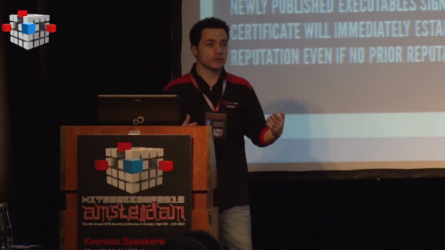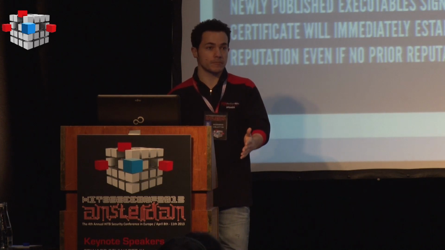So, from a technical point of view, you can use a trusted certificate to sign some malware and distribute it. And this will work with SmartScreen, because when dealing with signed applications, the reputation algorithm will only look at the certificate ID reputation and not at the application instance. So, if you are able to get your hands on or to steal a trusted certificate and use it to sign your malware, it will go through SmartScreen.